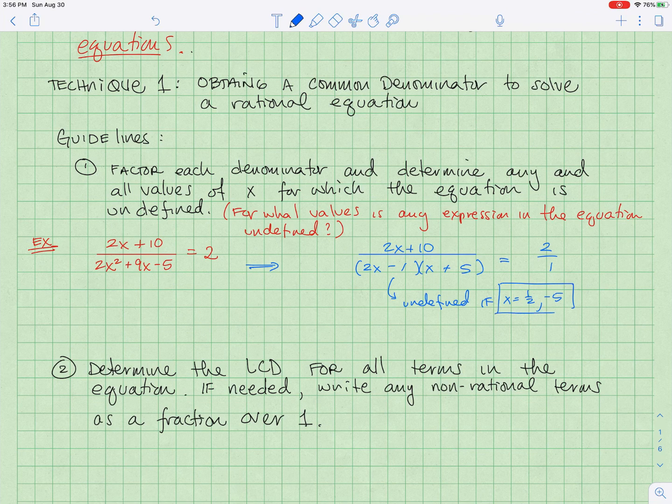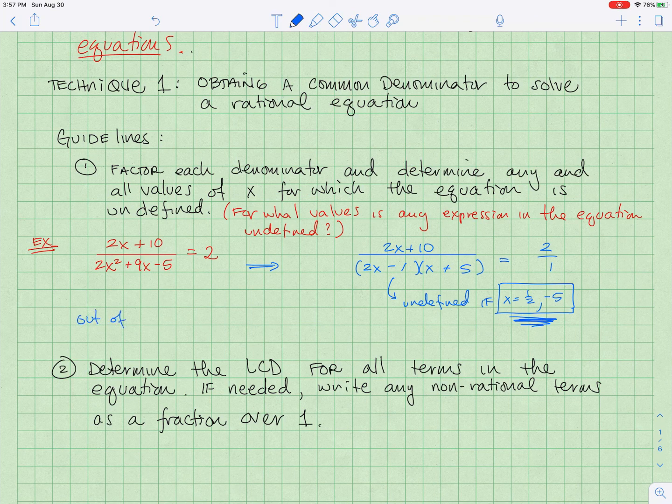So this is very much like section 7.1, the intro to rational expressions. For what values is any rational expression in the equation undefined? And we're going to keep track of these later because we want to make sure that when we end up solving this equation, the answer is not one of these numbers because that wouldn't make any sense. So it's good to, right out of the gate, find the values of x that cannot possibly be a solution.